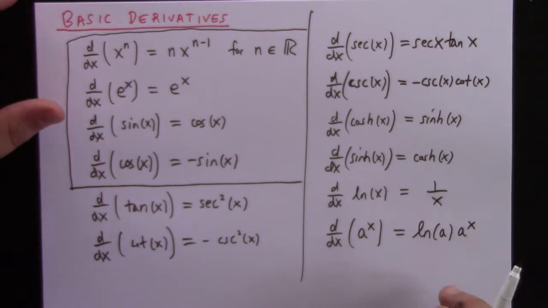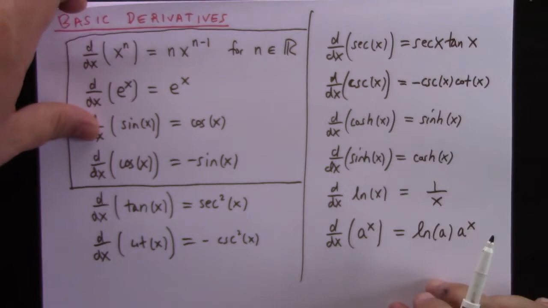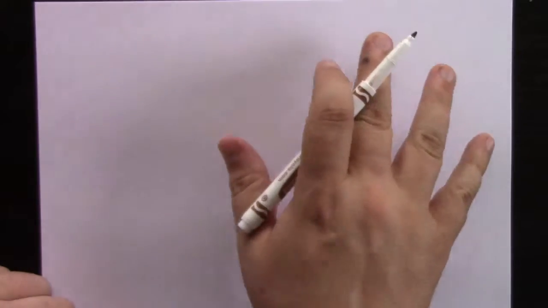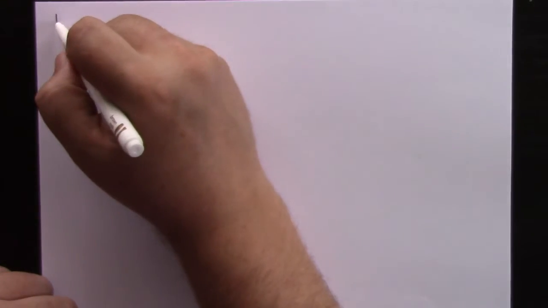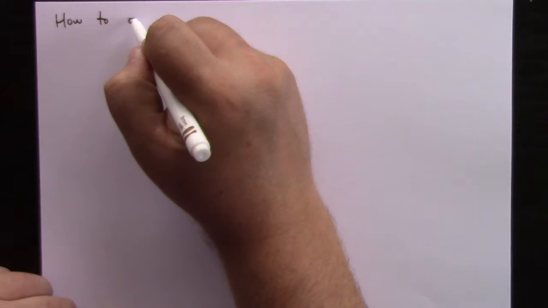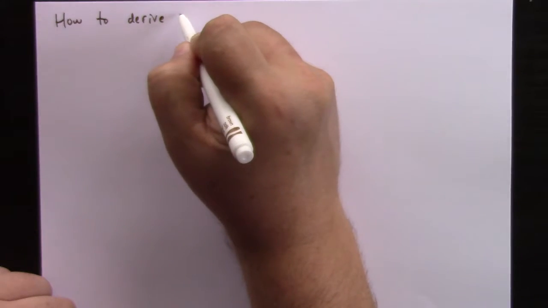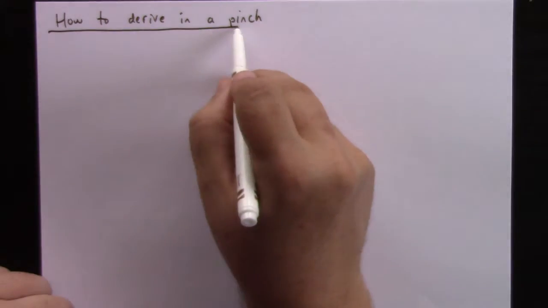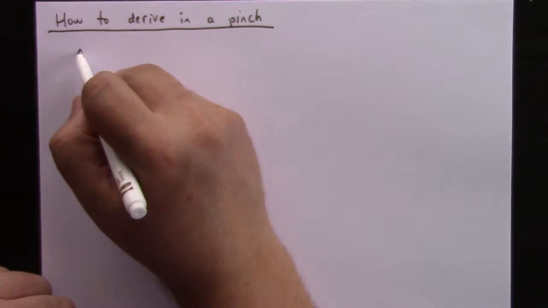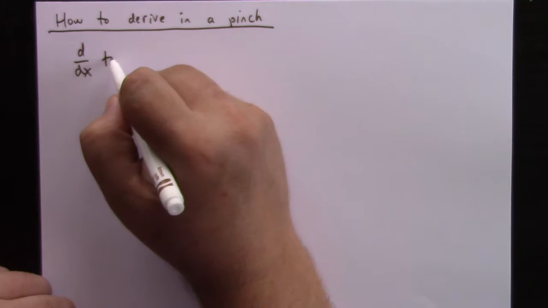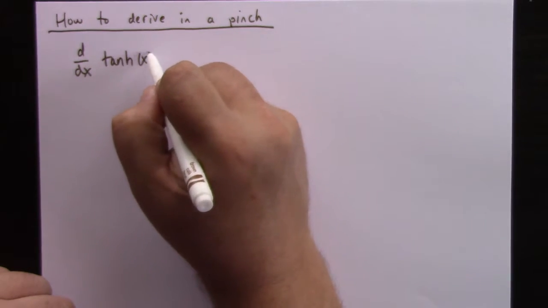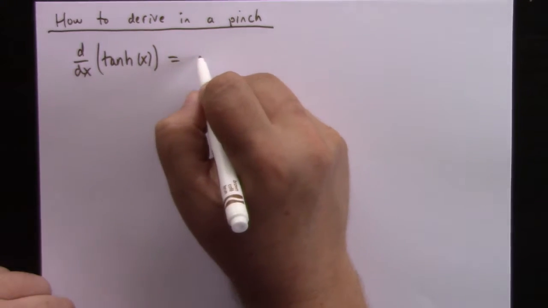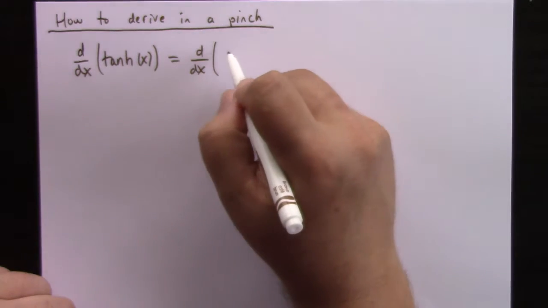Let's see here. So those are your basic ones, you need to know those. Let's say how to derive in a pinch. Suppose you forgot what the derivative of hyperbolic tangent is, like me. Well, no problem. We know the quotient rule, right?